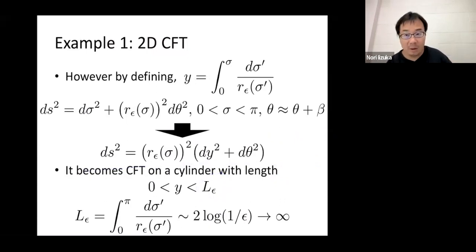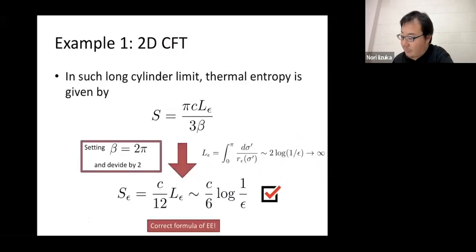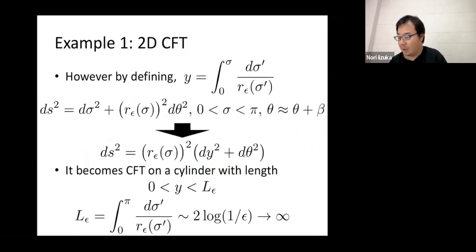But it's a cylinder. We can calculate the partition function, whatever quantity you want. This is simple because in 2 dimensions in the long limit, you can use the Cardy formula. You obtain the entropy directly. This L epsilon is a long distance.